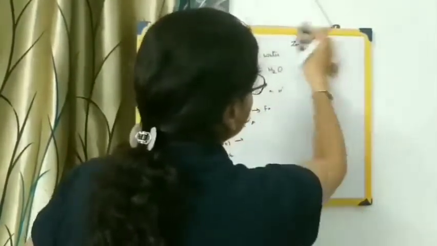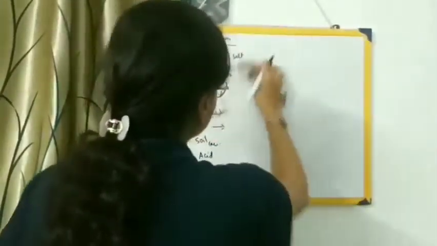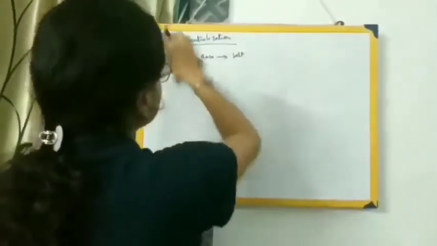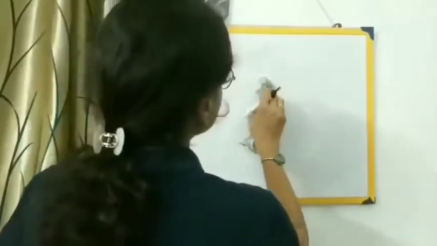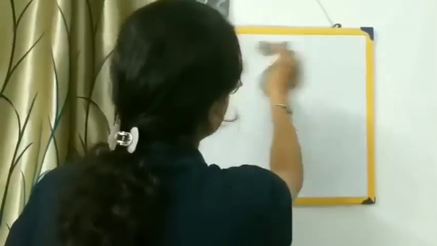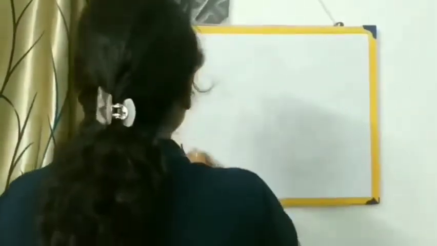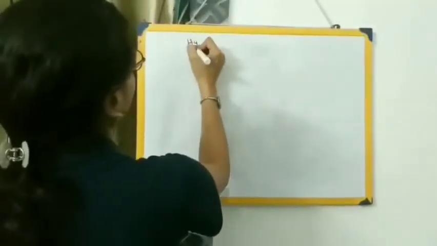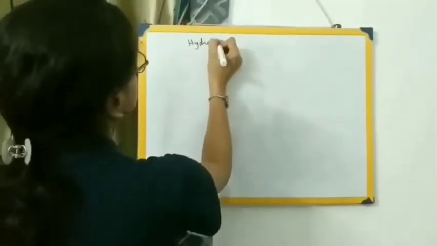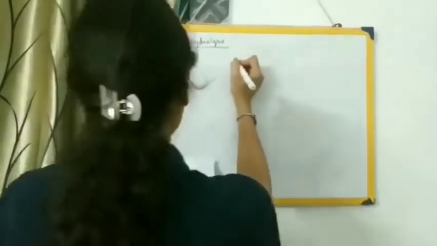Besides these 4 main types of reaction, there is another type of reaction which is called the hydrolysis reaction. Let me first explain what a hydrolysis reaction is, then we'll come to the energy changes. Now what is a hydrolysis reaction?